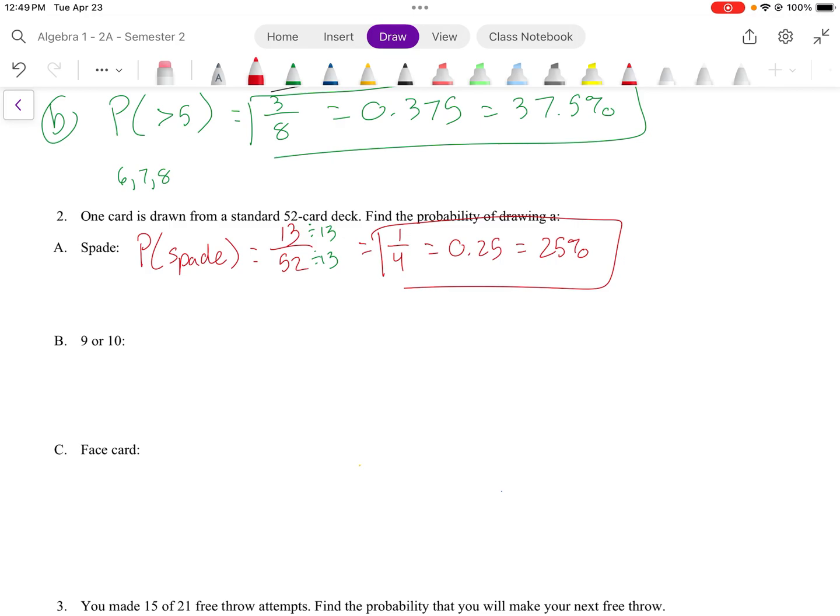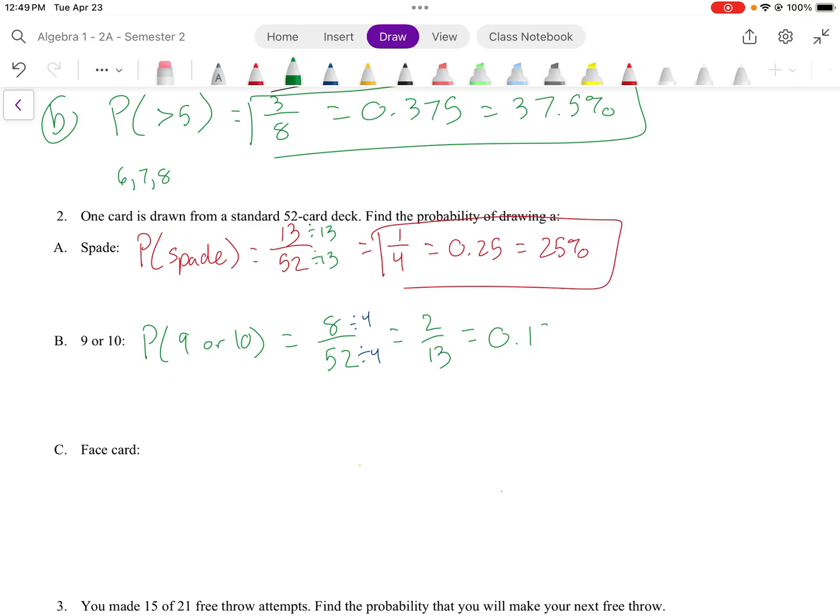That's about the last super nice probability we're going to have. Because for part B here, it says find the probability of getting a 9 or a 10. There are 4 9s and 4 10s, which makes 8 ways of getting a winning card out of 52. These are both divisible by 4 to give you 2 out of 13.